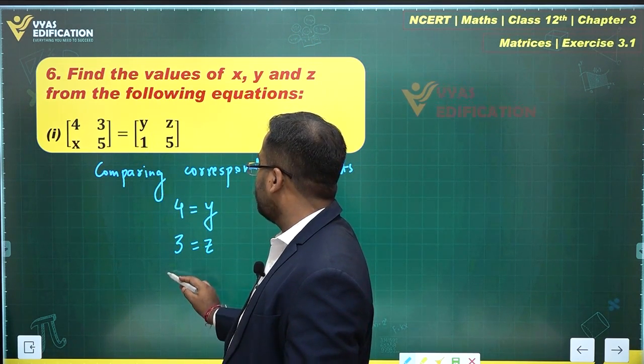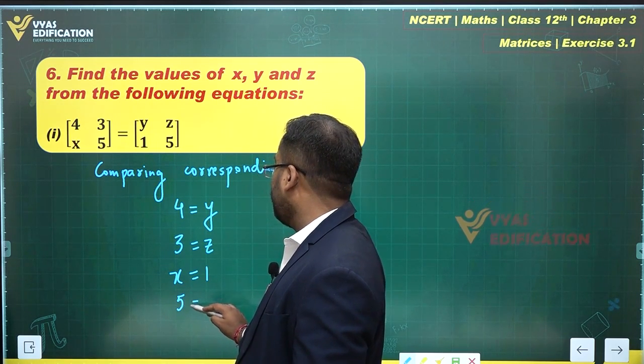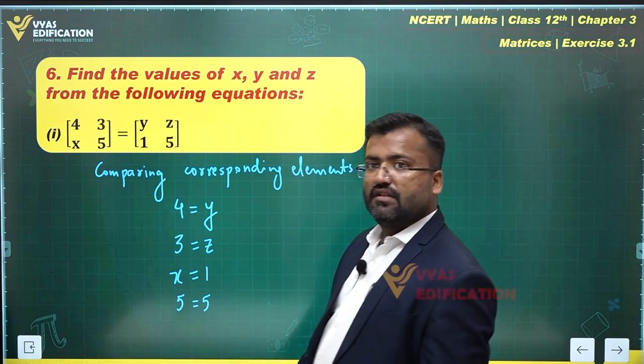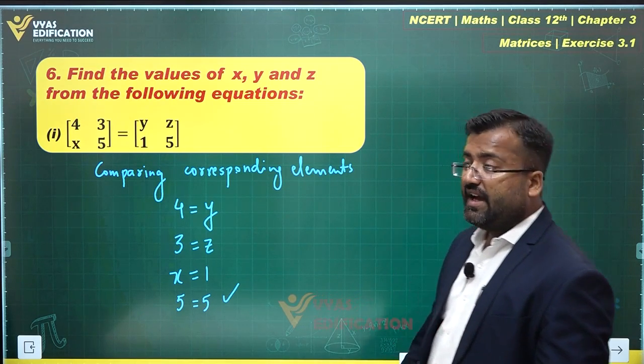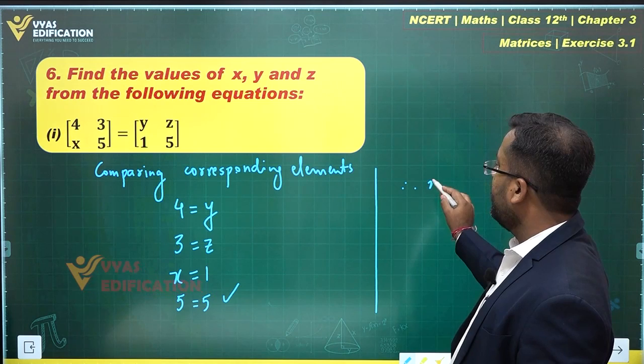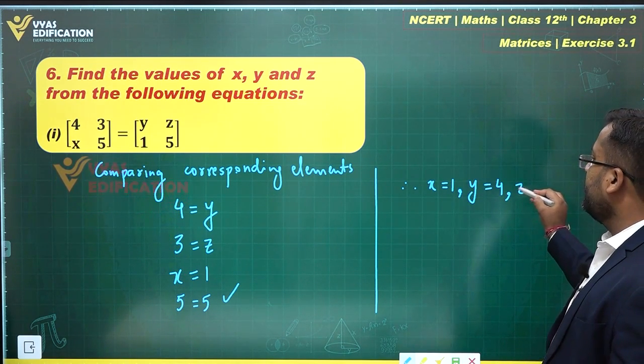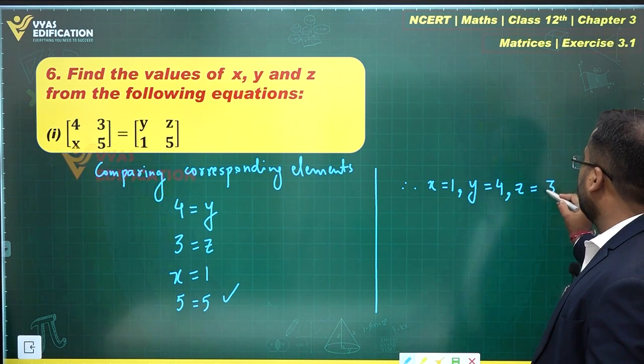This x equals 1. And obviously 5 equals 5. This is okay. And the person asked us to find the values of x, y and z. Therefore, x equals 1, y equals 4, z equals 3.